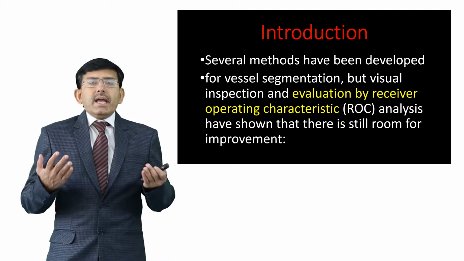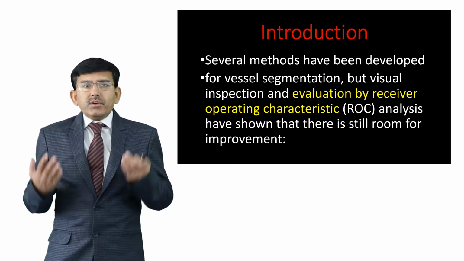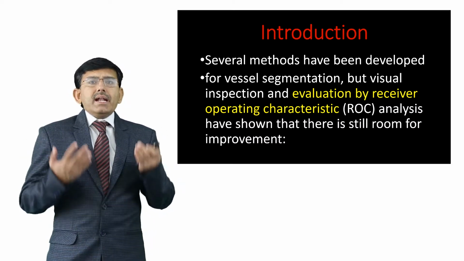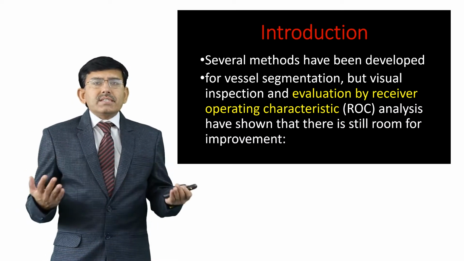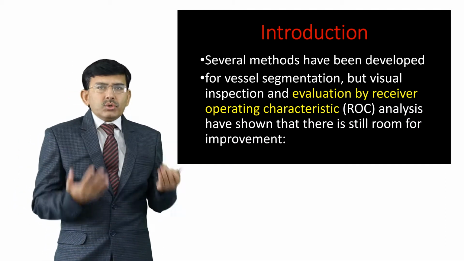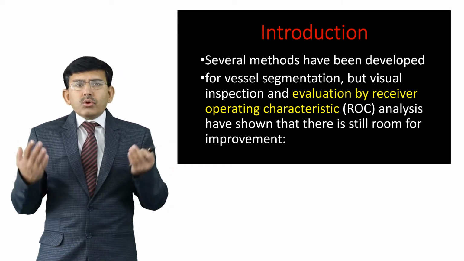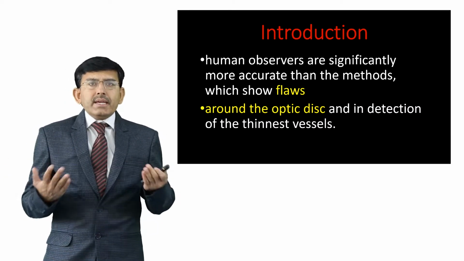Several methods have been developed for vessel segmentation, but visual inspection and evaluation by receiver operating characteristics, that is ROC curve analysis, have shown that there is still room for improvement in this particular area.